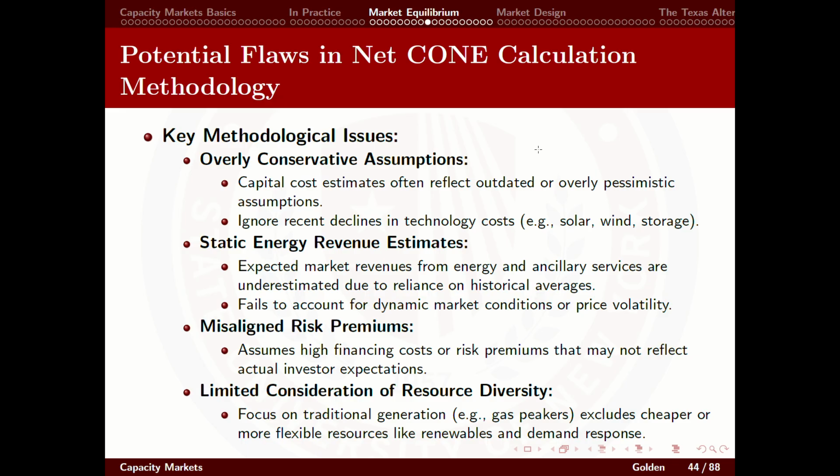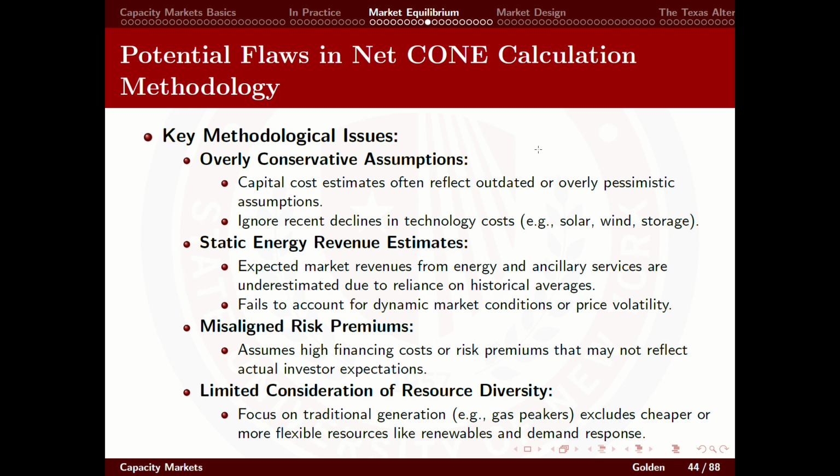For a long time, they were using older technology. They hadn't integrated combined cycle natural gas as the marginal technology, which should be utilized in cone calculations. And they really ignore recent declines in technology cost, especially with respect to natural gas, but of course with respect to renewables and storage, which has really changed how we should be calculating cone.